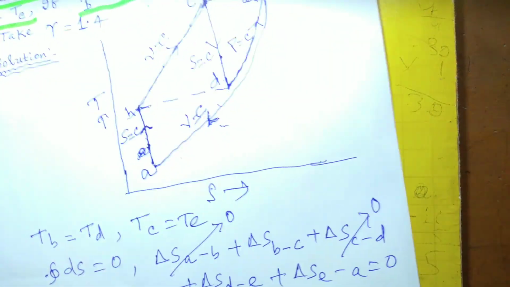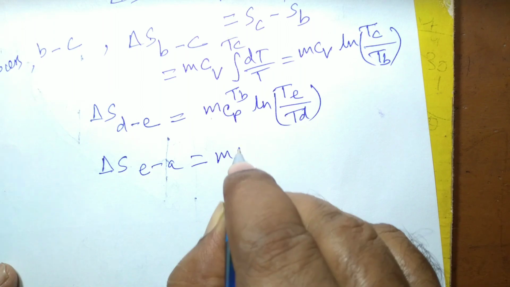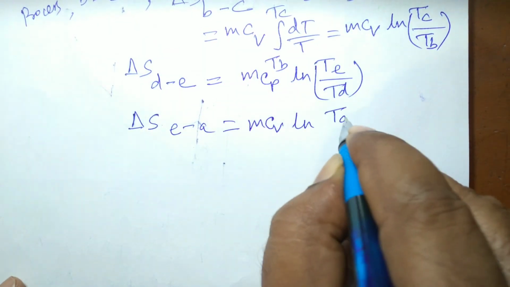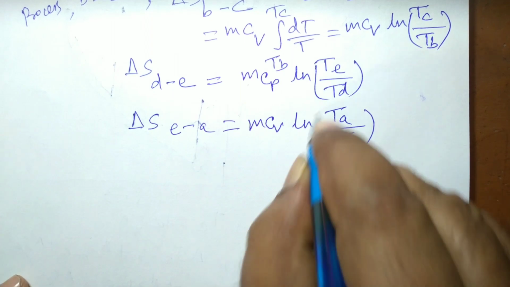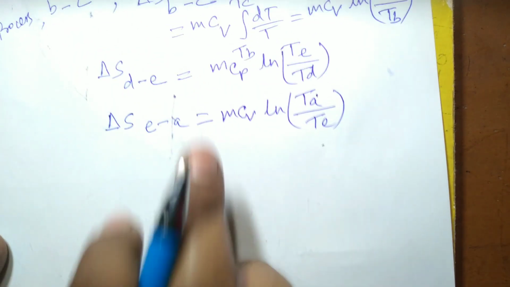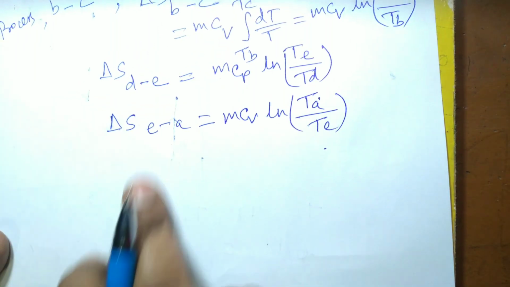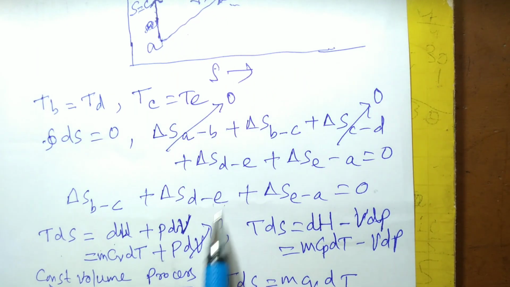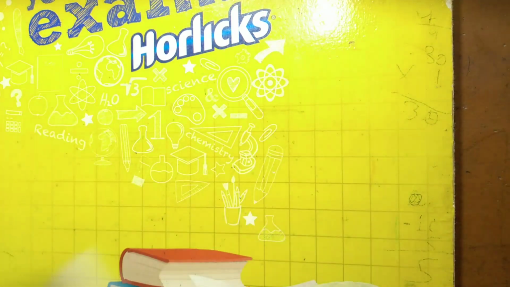That will be mCv ln TA by TE, final temperature by initial temperature. So now the summation of these three terms is 0 as per your equation. From this equation, delta SBC plus delta SDE plus delta SEA is equal to 0.